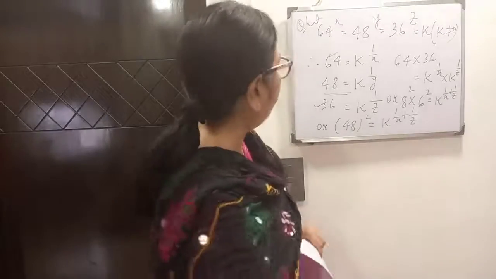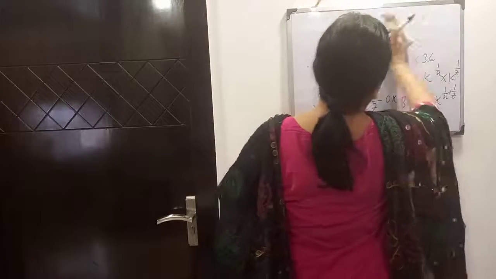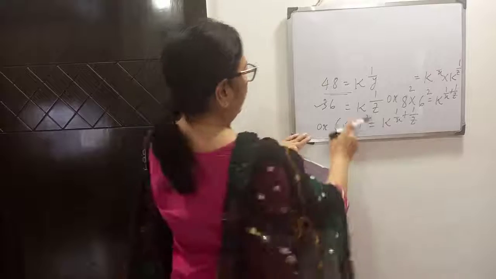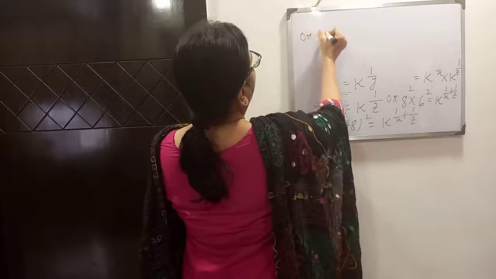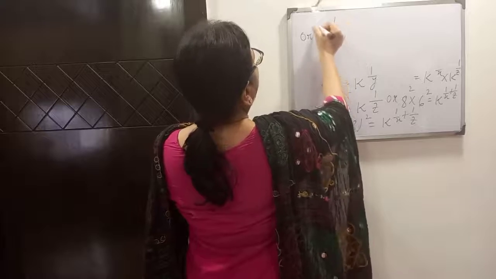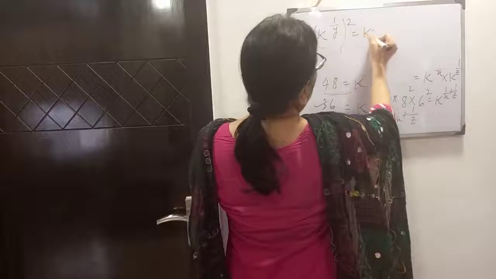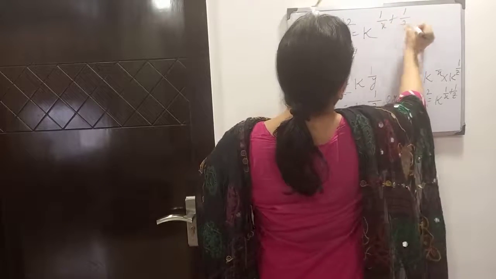Now I will change 48 in terms of k. See, 48 is k to the power 1 by y, and there is a square, equals k to the power 1 by x plus 1 by z.